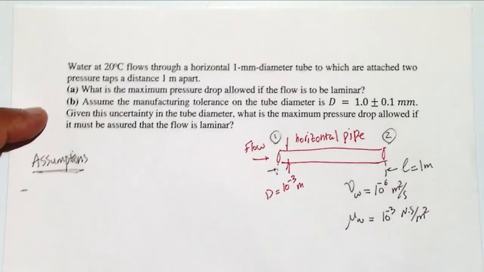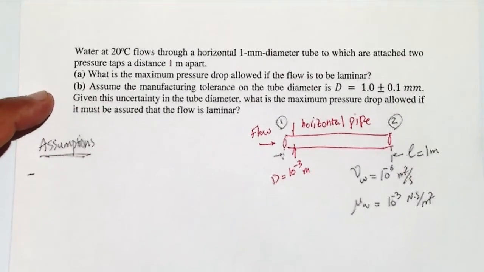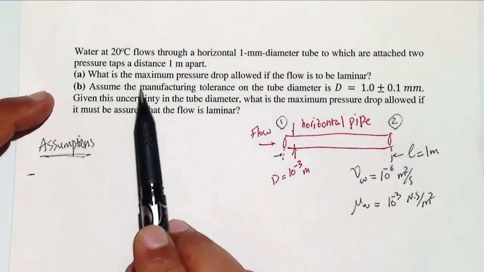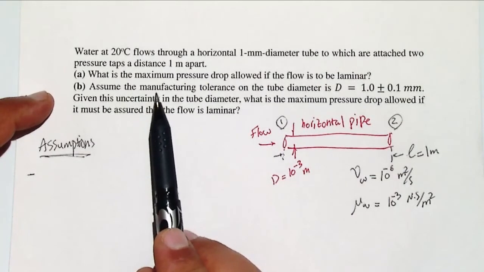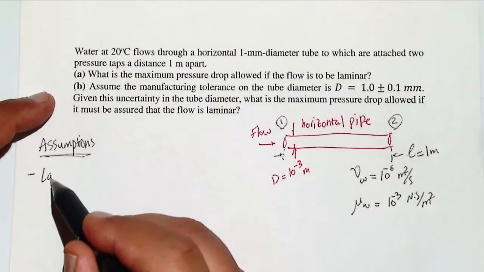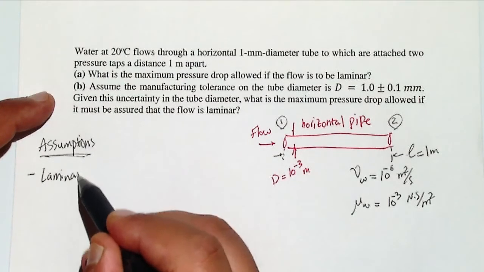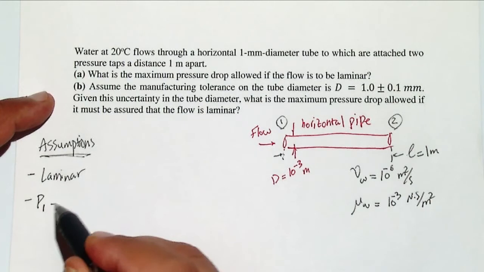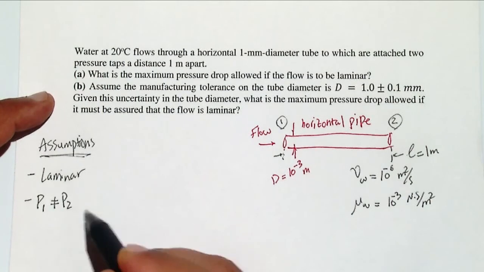The first assumption is that the flow is laminar. It asks you to find the maximum pressure drop allowed if the flow is laminar. So the flow is laminar. What else? Pressure at points 1 and 2 are not equal. What does it mean?